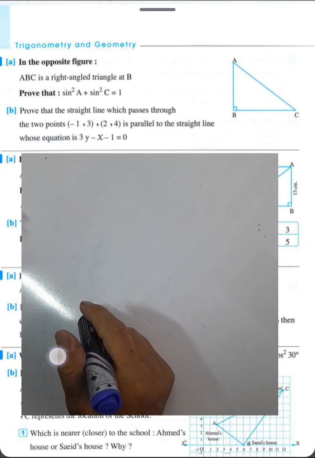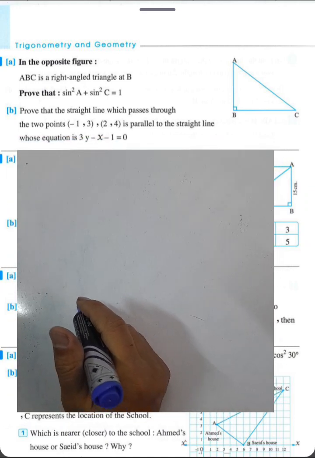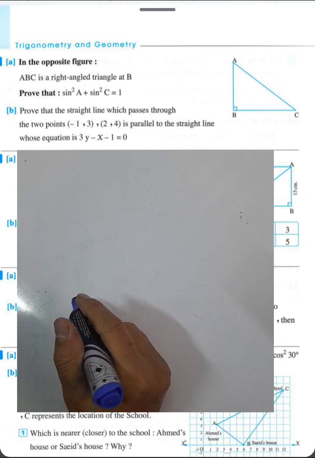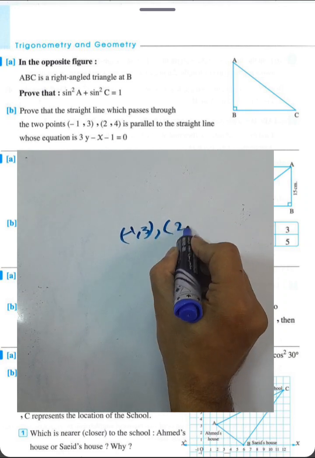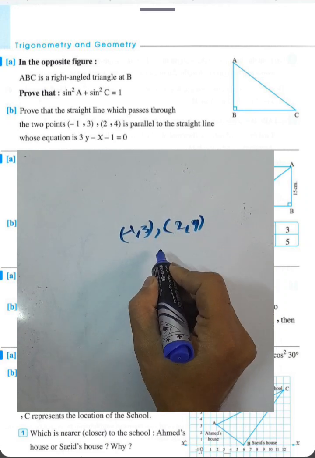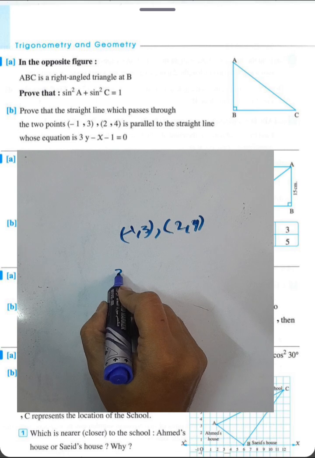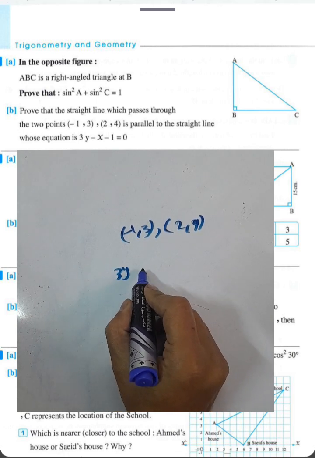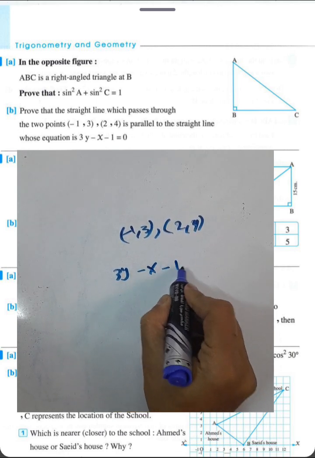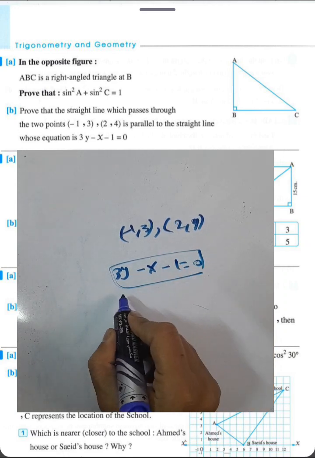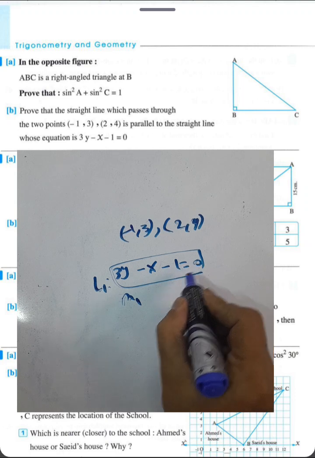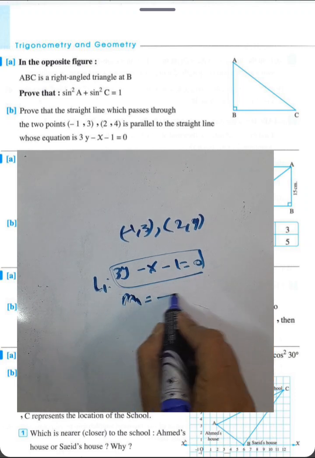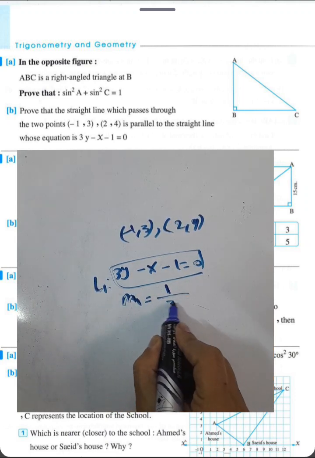Next example, prove that the straight line passing through the two points (-1, 3) and (2, 4) is parallel to the straight line 3y minus x minus 1 equals 0. We can find the slope here. I will call it L1, such that 3y minus x minus 1 equals 0. Then m1 equals negative the coefficient of x over the coefficient of y.